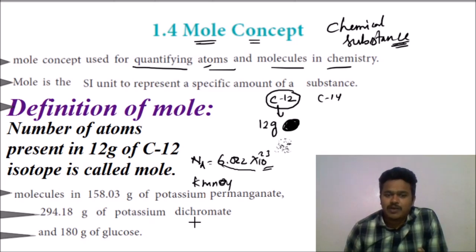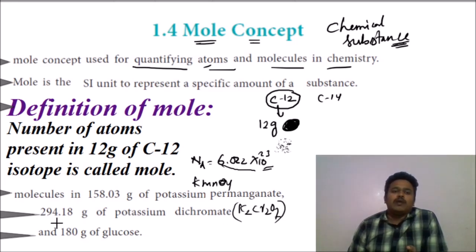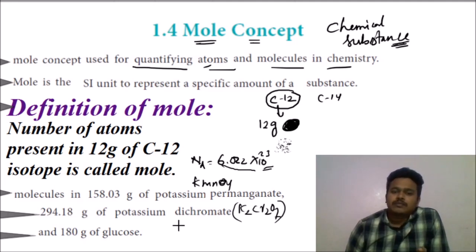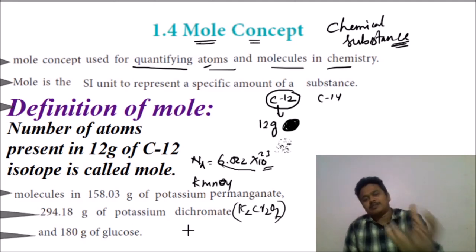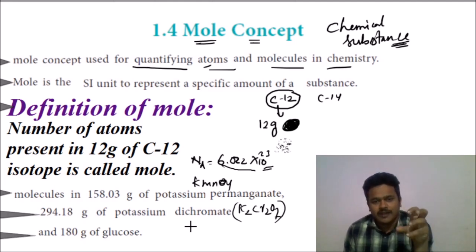In a similar way, potassium dichromate, K2Cr2O7, is the formula. If we take 294.18 grams, in that much mass a particular number of molecules are there. That number is called a mole, and again it equals the Avogadro number.